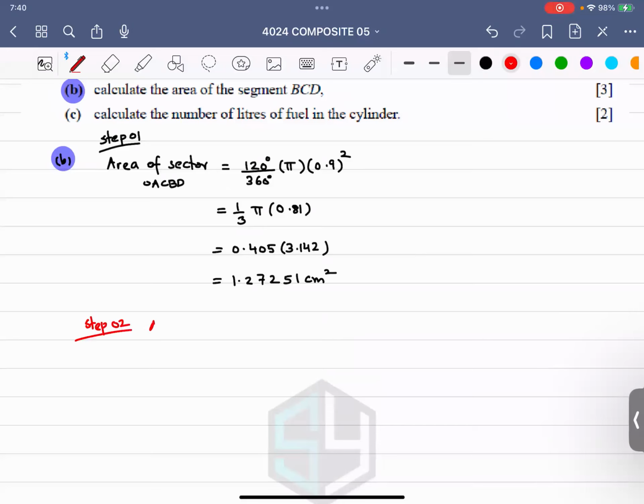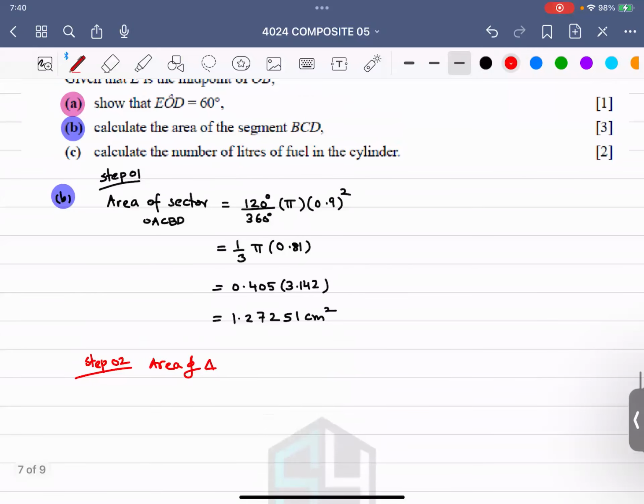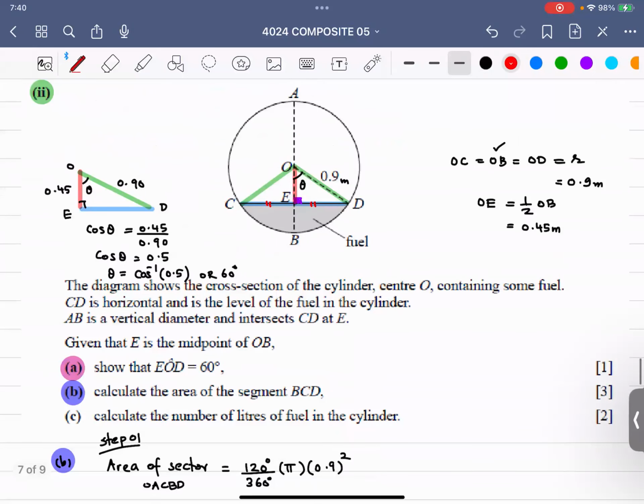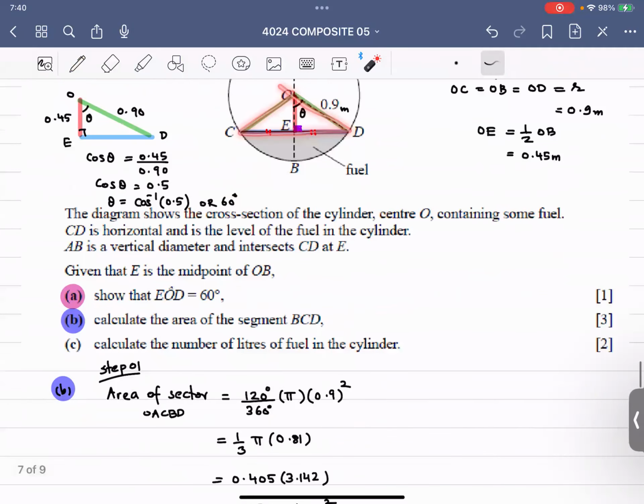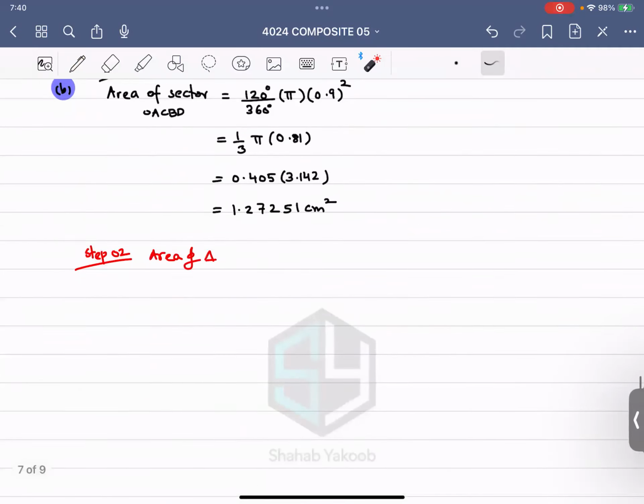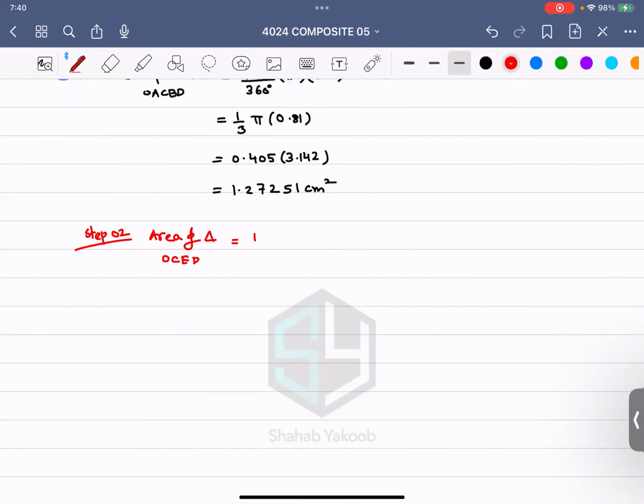That is area of triangle. What's the name of the triangle? That is OCED. That's half AB sine C. Half into 0.9 into 0.9 into sine of 120 degrees. So this is half. This is 0.81.